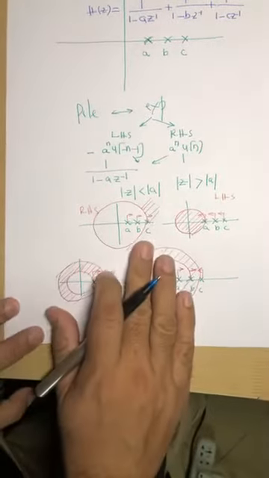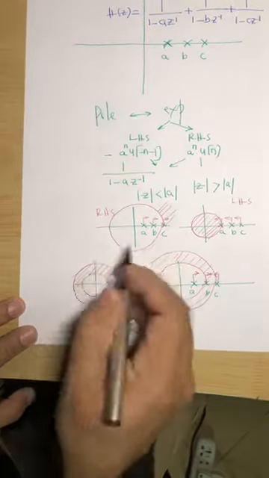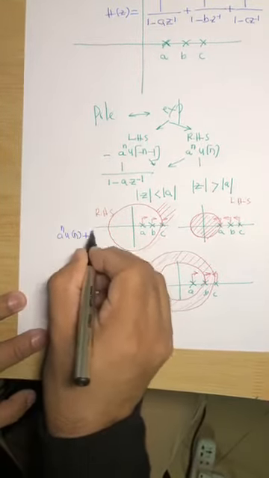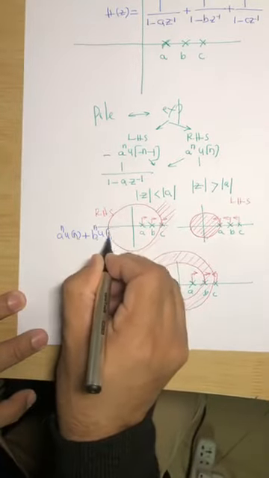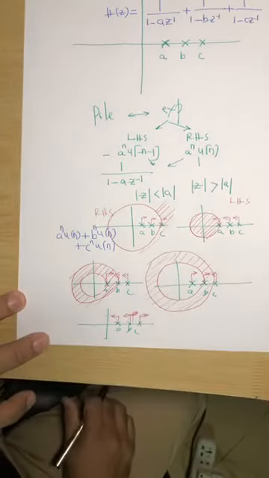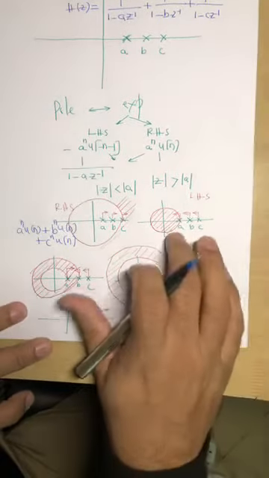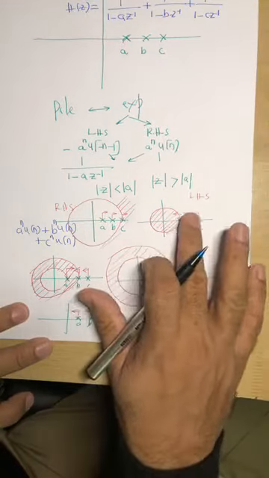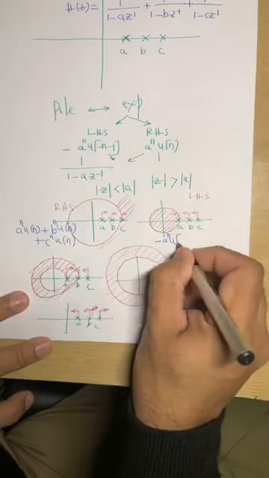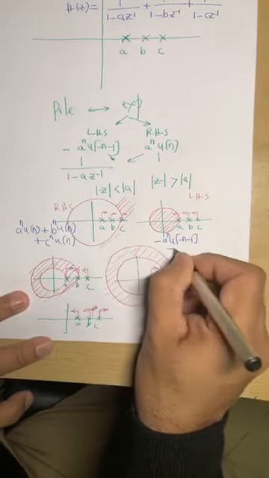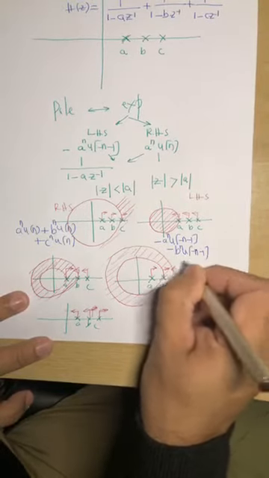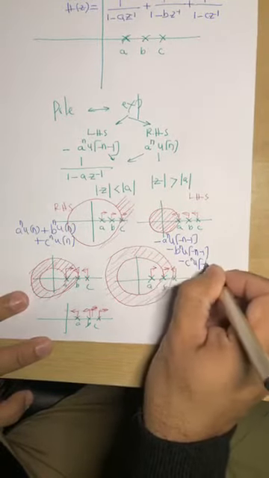So for this possibility, the sequences will be A to the n u of n plus B to the n u of n plus C to the n u of n. All are right hand side sequences. If all three sequences are left hand side sequences, it is minus A to the n u of minus n minus 1, minus B to the n u of minus n minus 1, minus C to the n u of minus n minus 1.